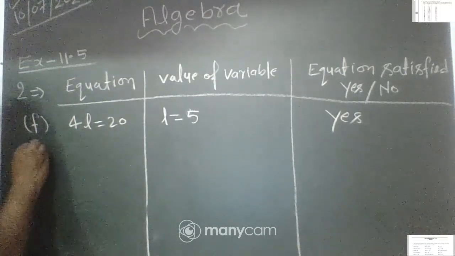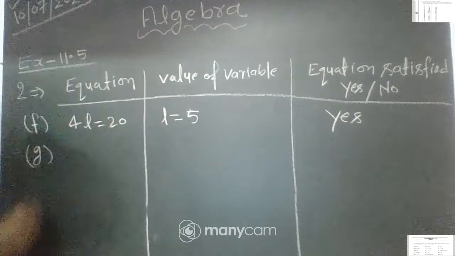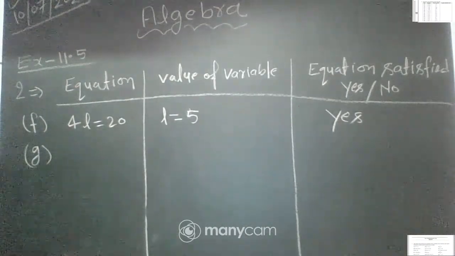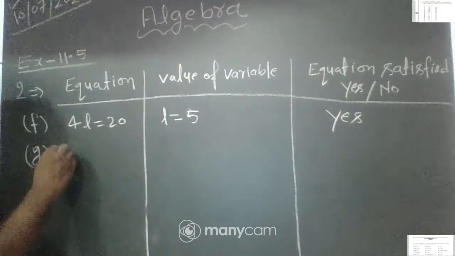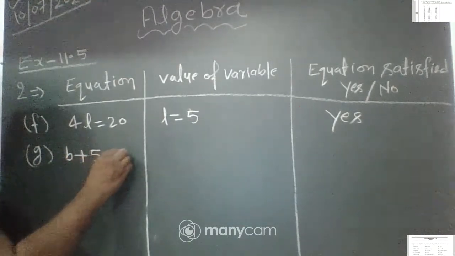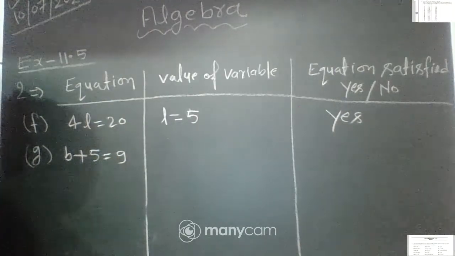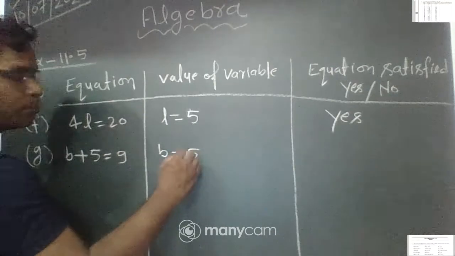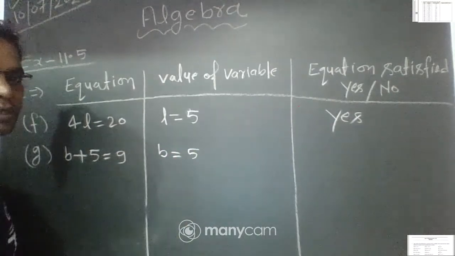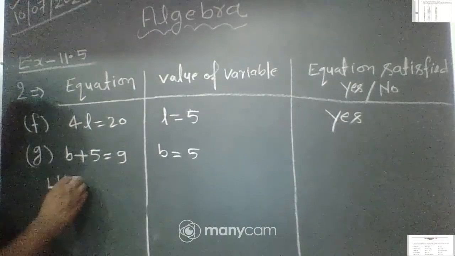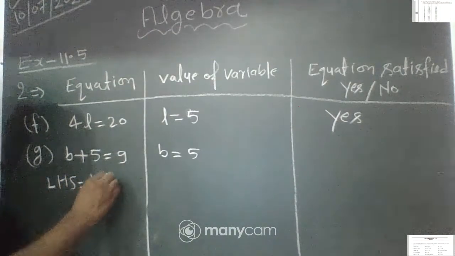Now G part of this question. What is the G part of this question? So b plus 5 is equal to 9. Okay, and the value of b is equal to 5. This is given. So we take the left hand side here, b plus 5.